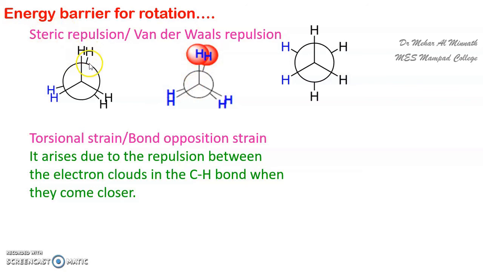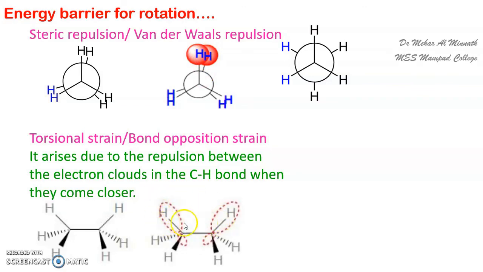These CH bonds are nearer to each other, so you have this wedge form of representation. So this CH and this CH are closer to each other, and in the Newman projection it's much clearer. Now when we mark the orbitals, these two orbitals are filled sigma orbitals.